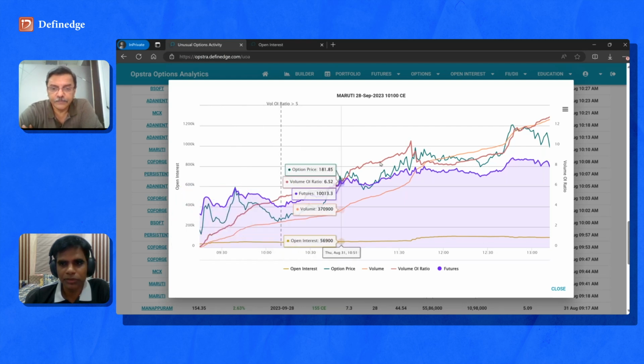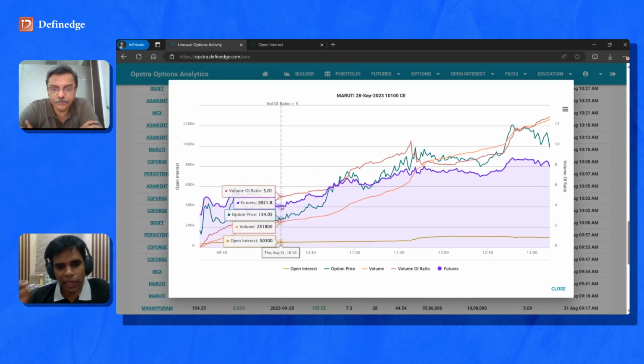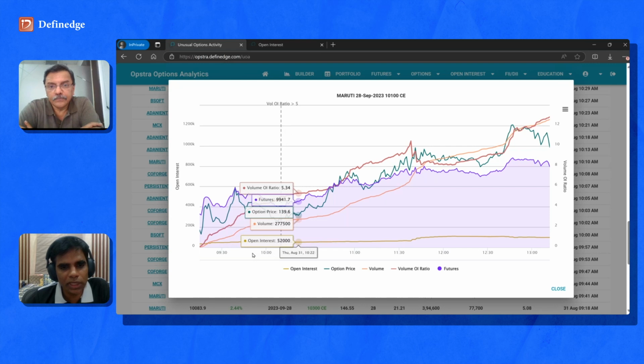It's going up. Here we have marked at what time point that ratio has gone above 5. That dotted vertical line will remain like that. Whenever that crossover has happened, with vol-OI ratio greater than 5, it is marked, so you know that some kind of unusual activity happened.